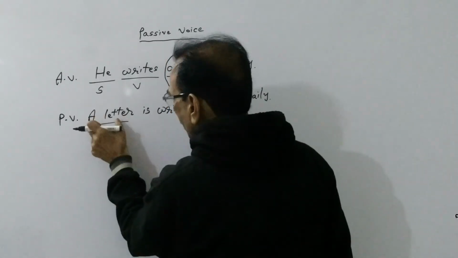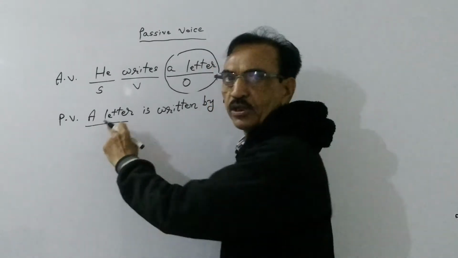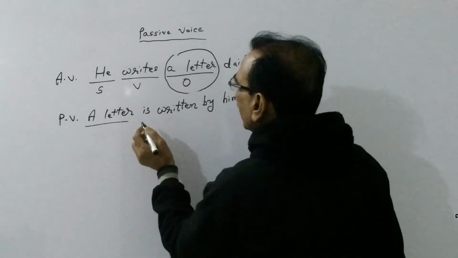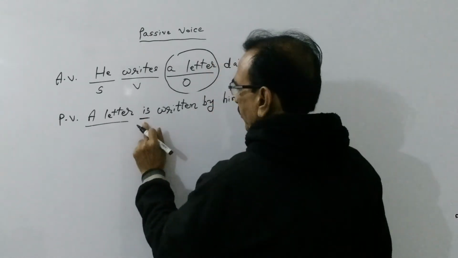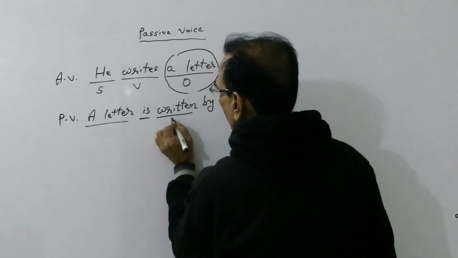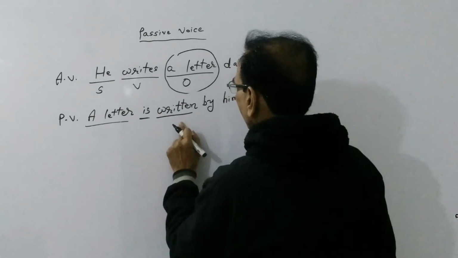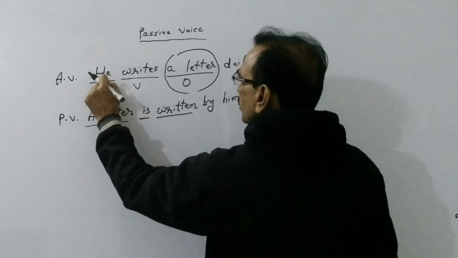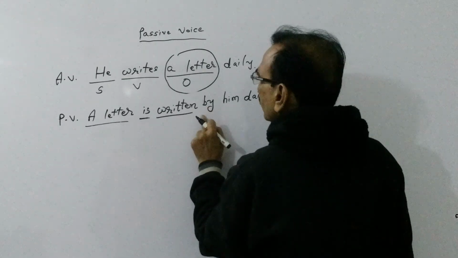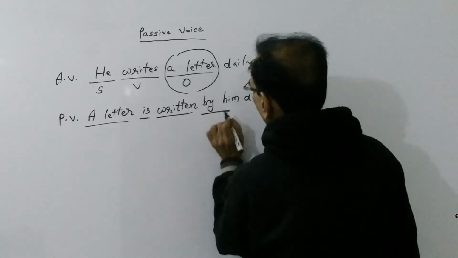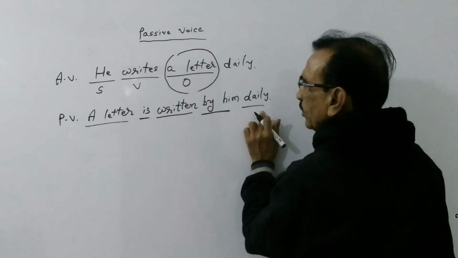This object has taken the place of the subject because it is in the beginning of the sentence. Now I have used the to be form is, and written is the past participle V3. I have changed he to him, and I have put by before it, right? Daily, there is no change.